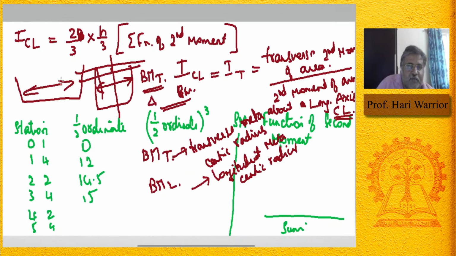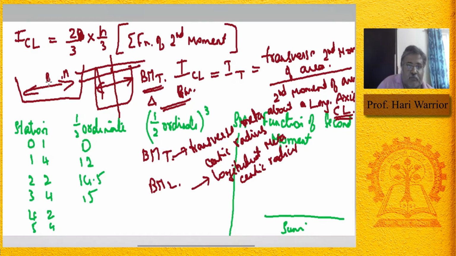Then BML is when we are considering trimming. We talk about the position of B here and the position of M, the longitudinal distance, which will be seen in the front view. I am not going into it in detail right now.